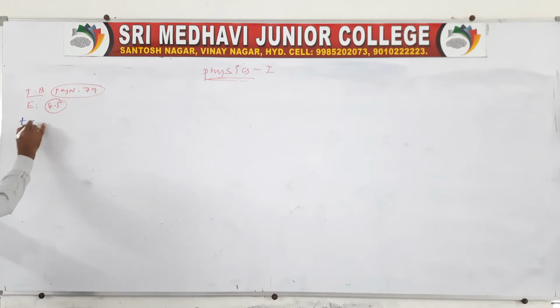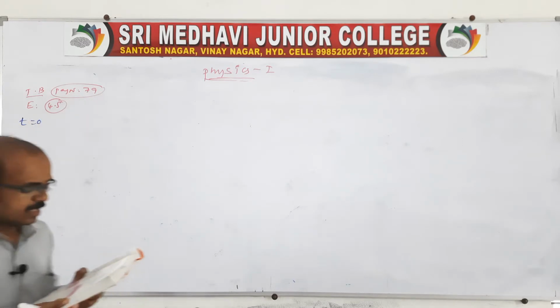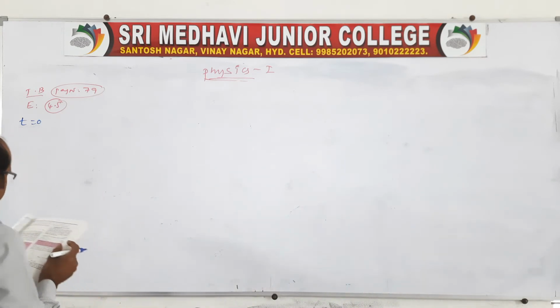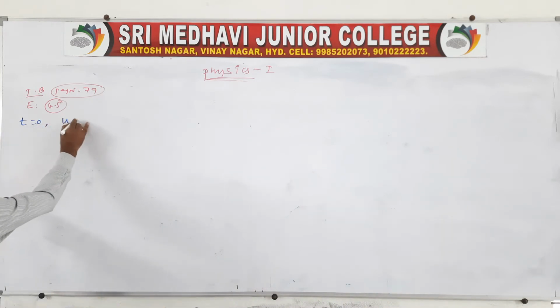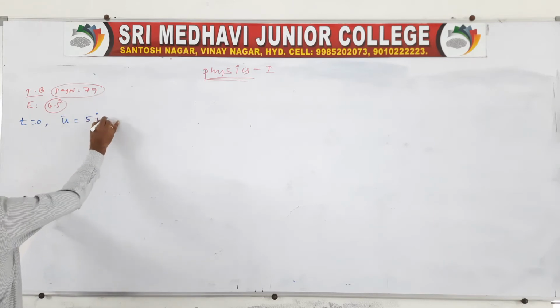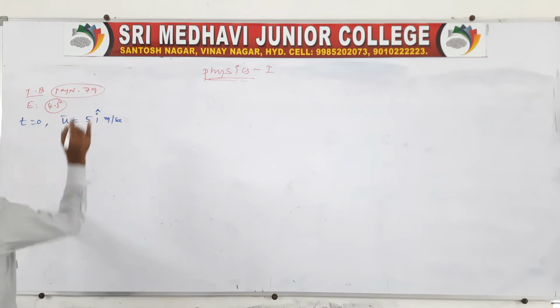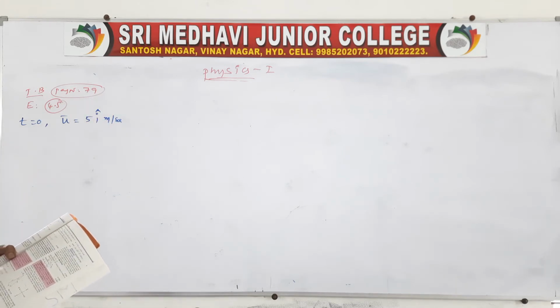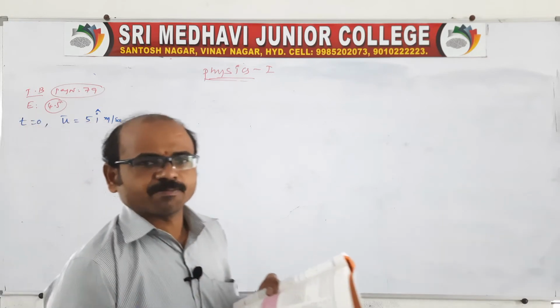When the time is given as 0, the initial velocity is given as 5 i cap meter per second, and it moves in the xy plane. This particle is moving in the xy plane.